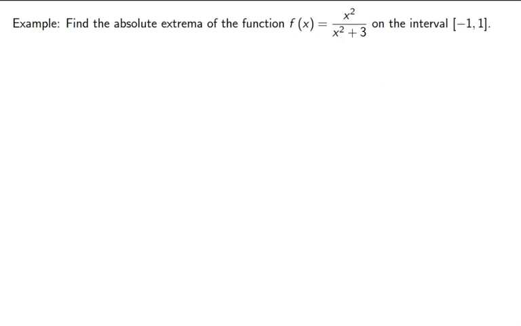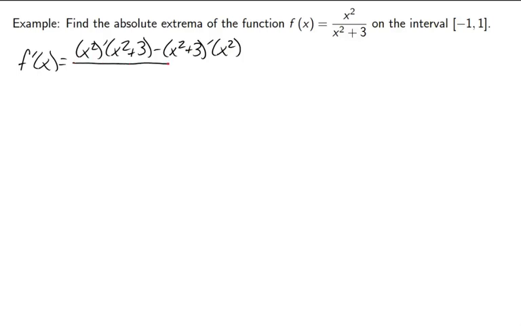Last example. This one involves a quotient. So when I take the derivative, I'm going to need the quotient rule. So here it is. Derivative of the top times the bottom minus the derivative of the bottom times the top, all divided by the bottom squared.